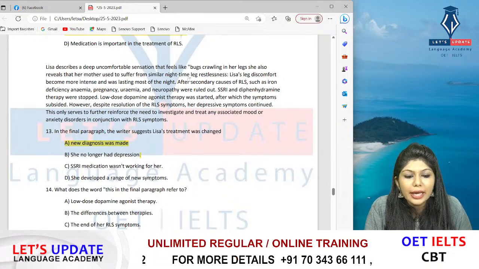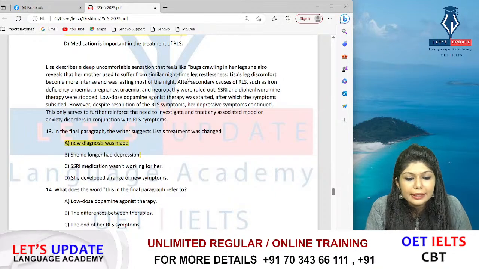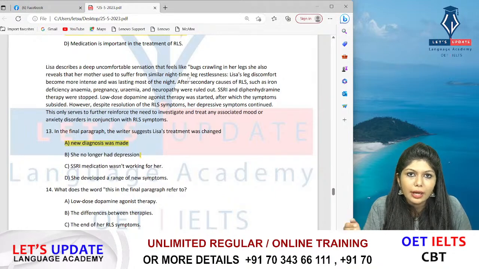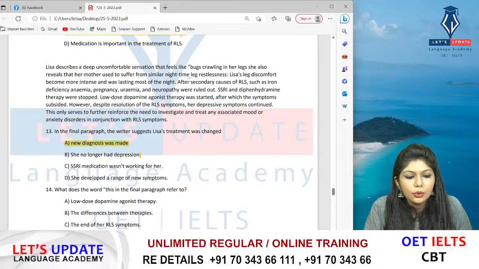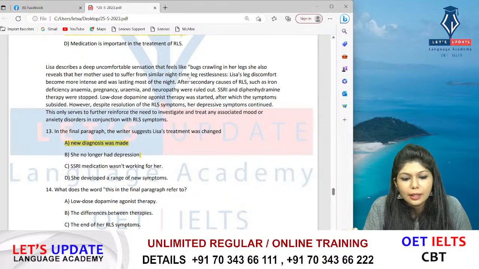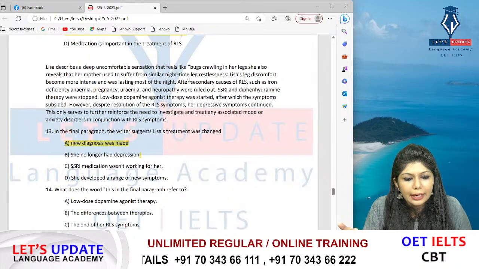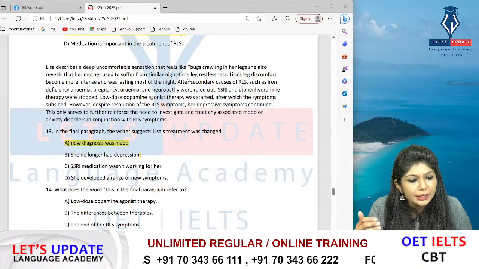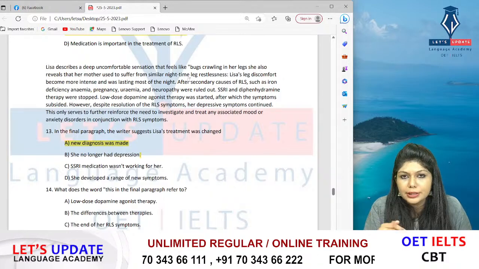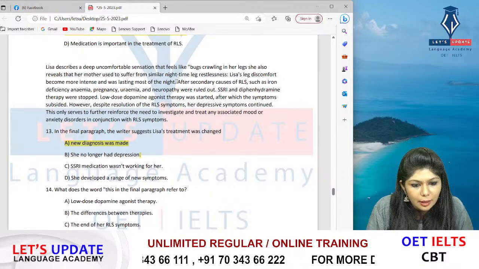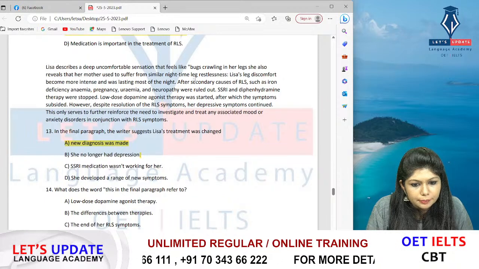A new diagnosis was made, these conditions were ruled out, and after that they changed the course of treatment. They stopped SSRI and diphenhydramine, and then they started low dose dopamine agonist therapy.